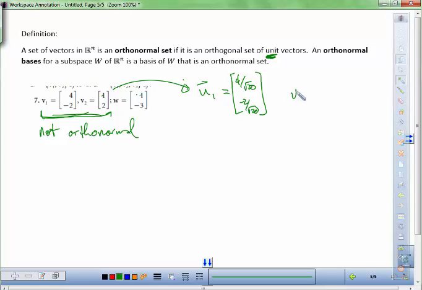If I take my second vector and do the same thing, this is 1, sorry, 1 and 2, so 5, root 5 is the magnitude. So now this is both orthogonal and unit length vectors.